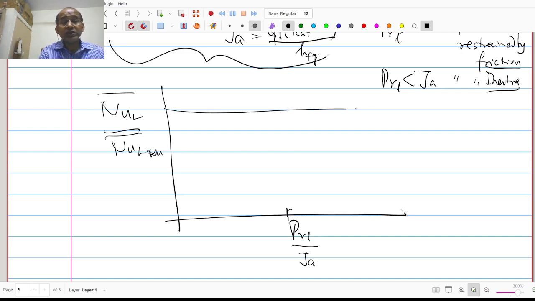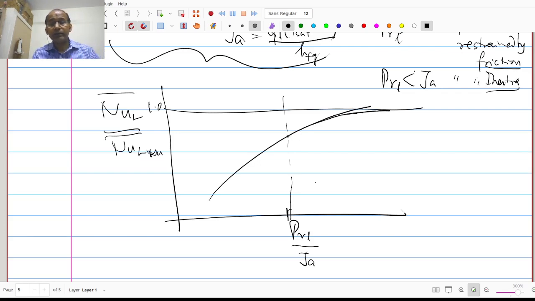So suppose this is your line 1.0, the dividing line between inertia and friction. Then he found that this line goes something like this, where beyond Prandtl number by Jacob greater than 1, when Prandtl number is greater than Jacob number, it is friction dominated.